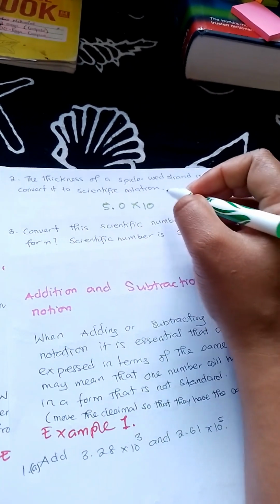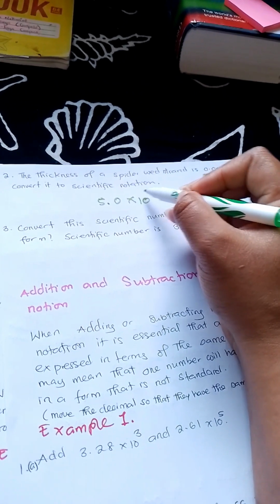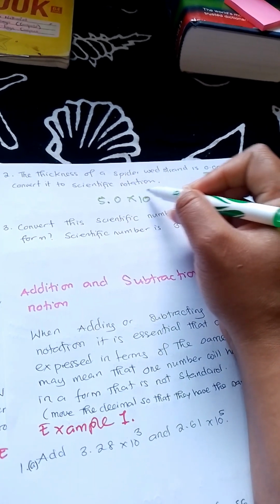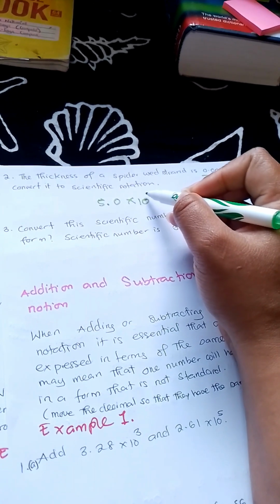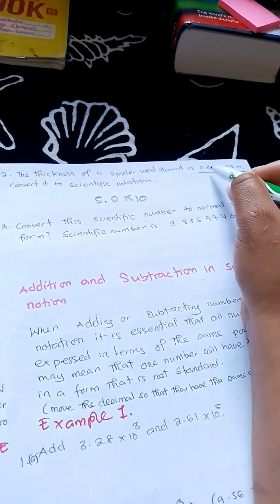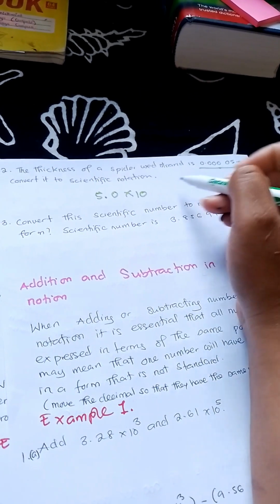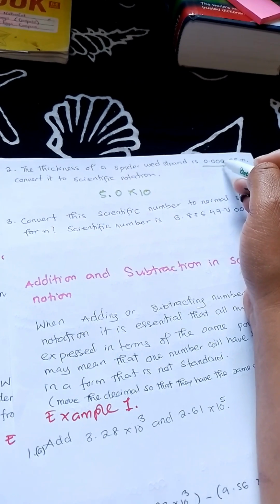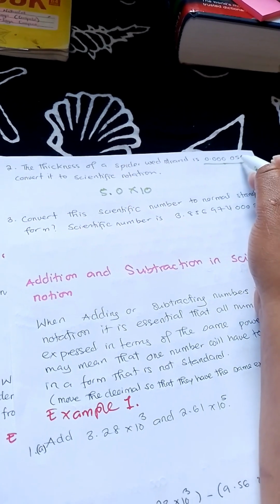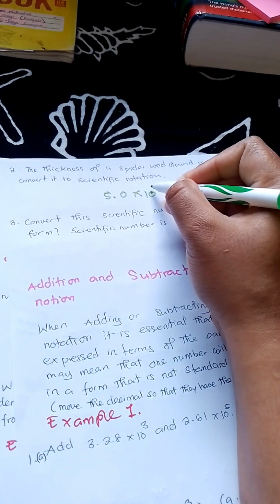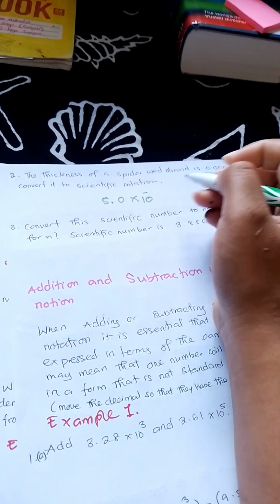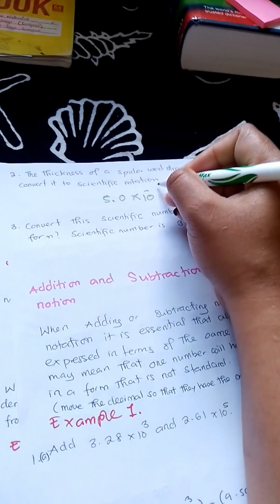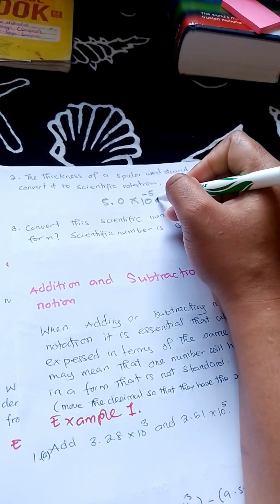Now this time notice we'll have to put a negative sign in the power, because it has zeros in front, from the left side. So we'll have 10 to the power of minus 5 meters.